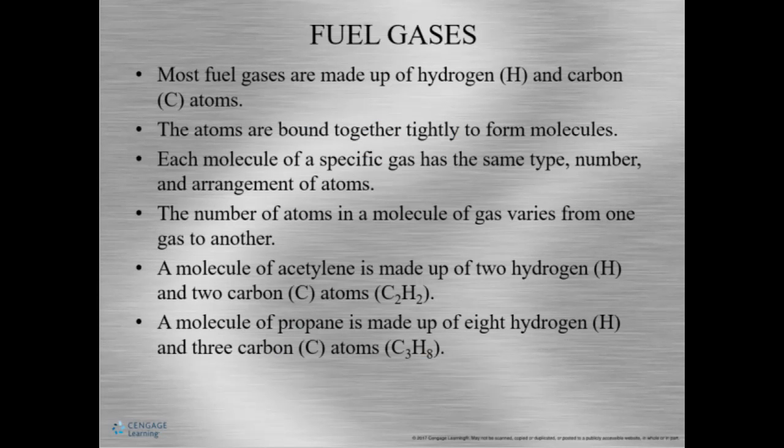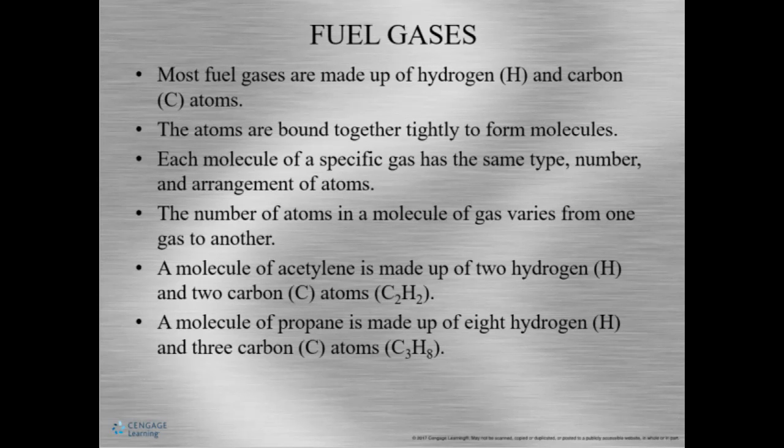Fuel gases are made up of hydrogen and carbon atoms. When the atoms come together, they form molecules. Each molecule has a specific type, number, and arrangement of atoms. Pretty cool, right? Science. The number of atoms in each molecule of gas varies.